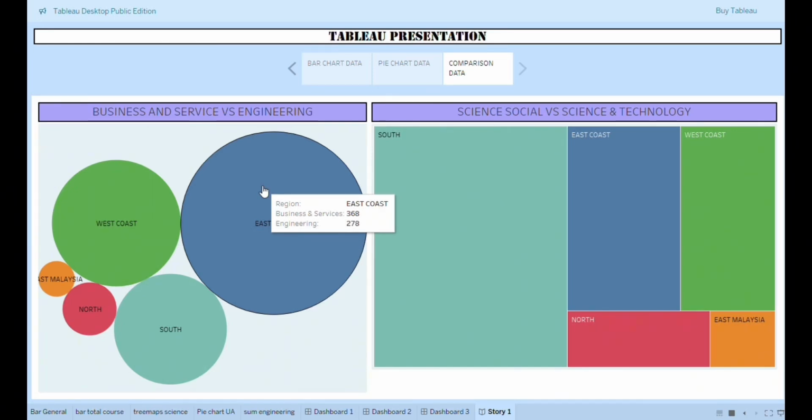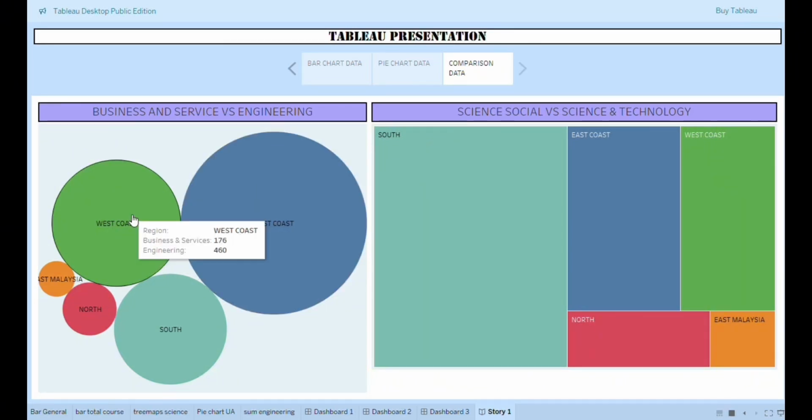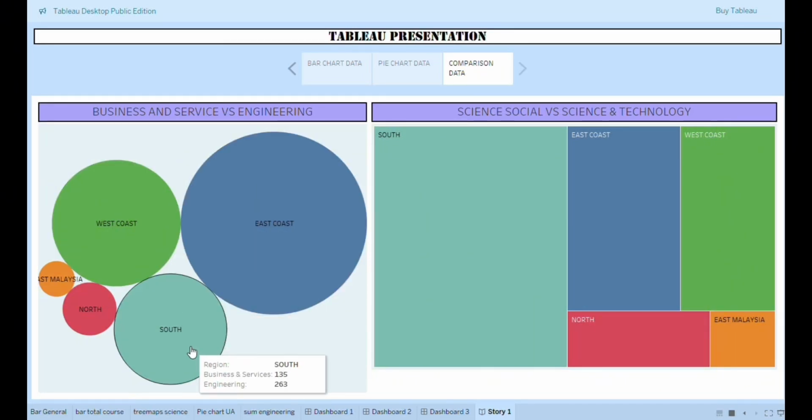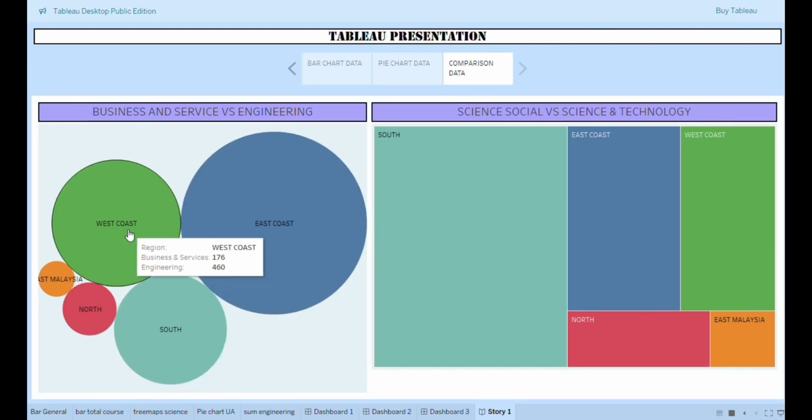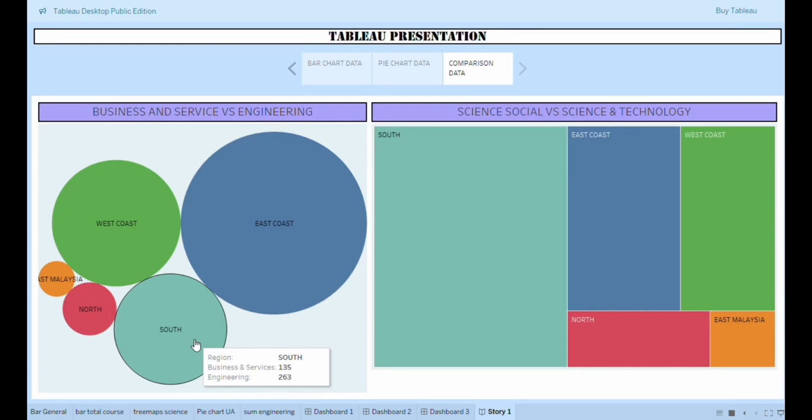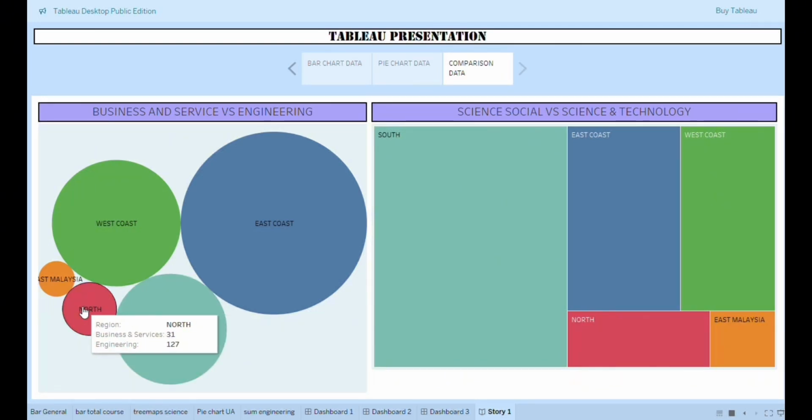West Coast and South also have large circles showing strong numbers: at West Coast, business and services is 176 and engineering 416, and South with business and services 135 and engineering 263. North and East Malaysia have smaller circles, where at North, business and services is only 31 and engineering 127, and at East Malaysia, business and services is only 14 and engineering is 62.